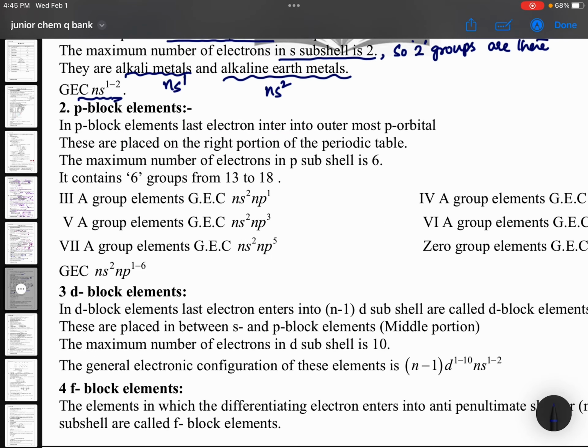P block elements. In p block elements, the last electron enters into the outermost p orbital. These are placed on the right portion of the periodic table. The maximum number of electrons in a p subshell is 6, so there are 6 groups. It contains 6 groups from 13 to 18.